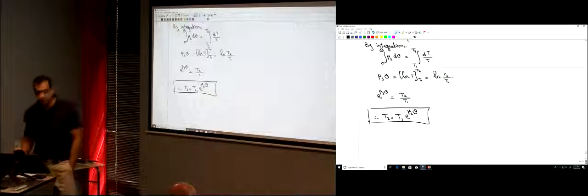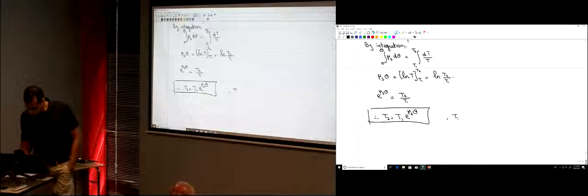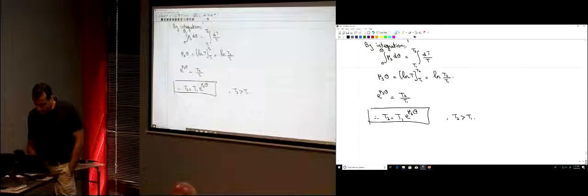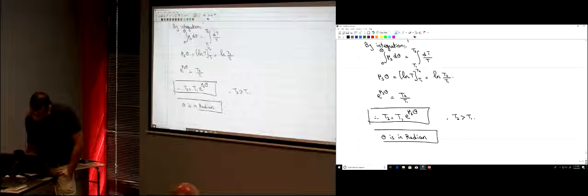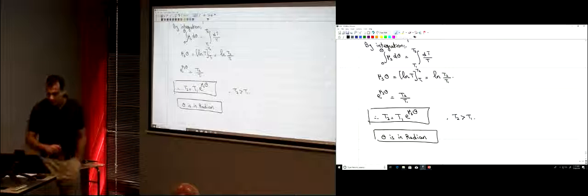This equation, you don't have to memorize it. I can give it to you on the test. There is no problem. Okay? So T2 is larger than T1. That's what we have here. And theta is in radians. This is an important remark. Theta has to be in radians. Any question here?